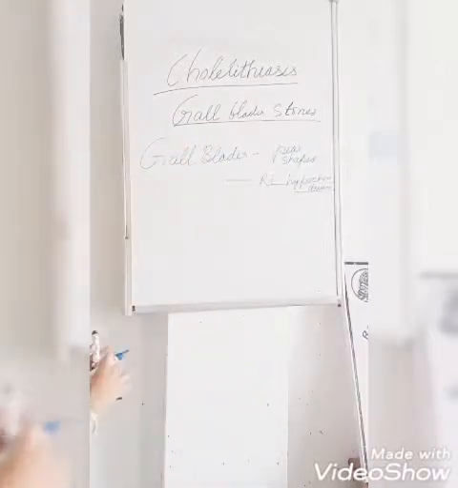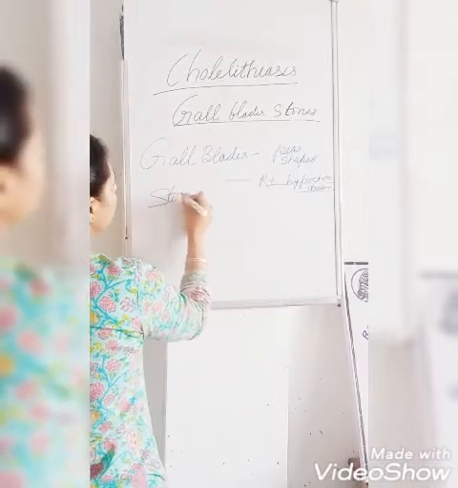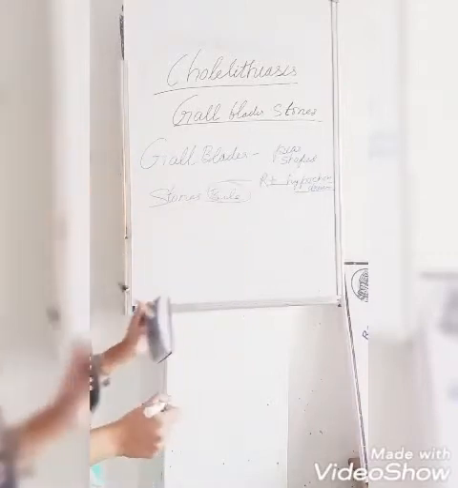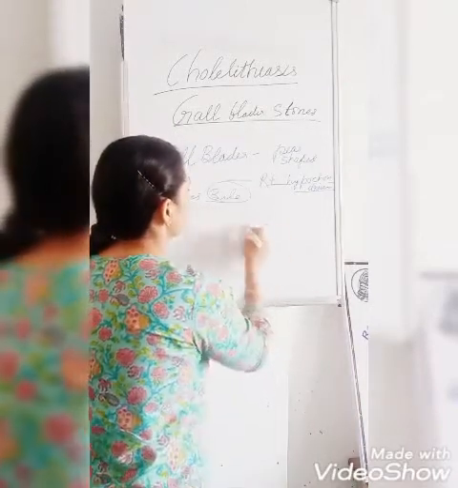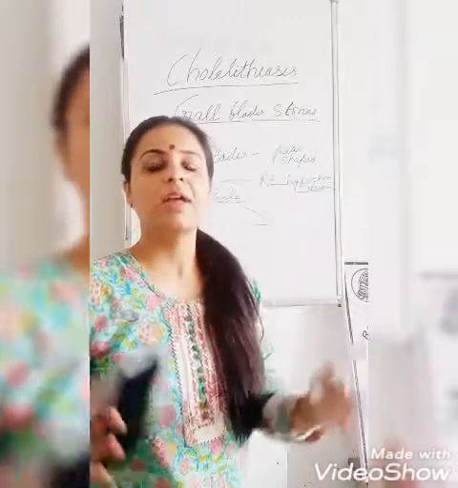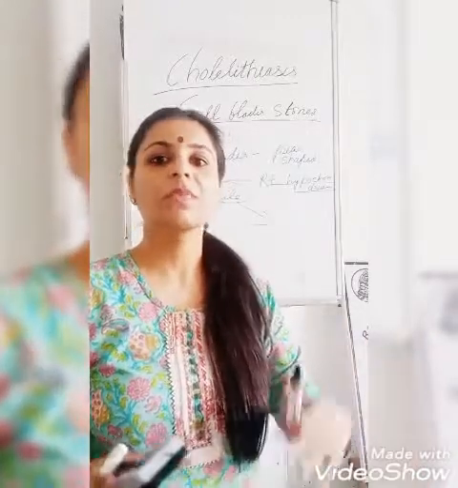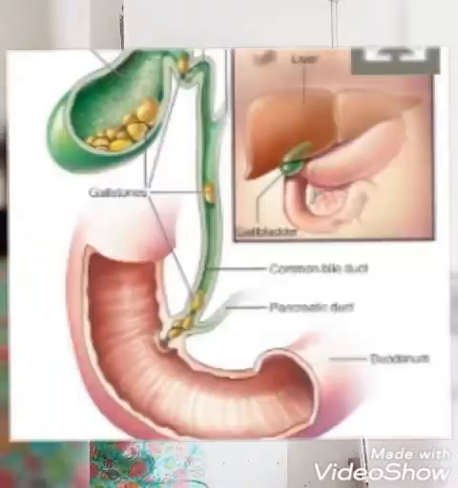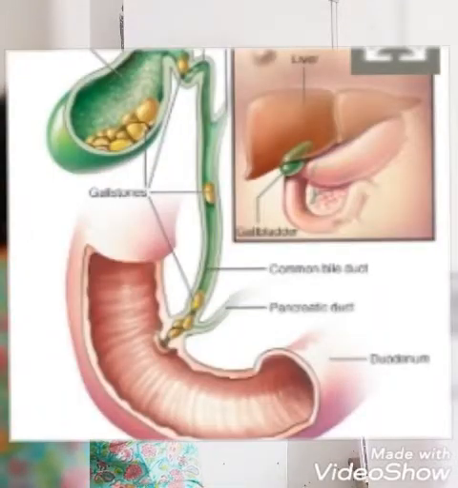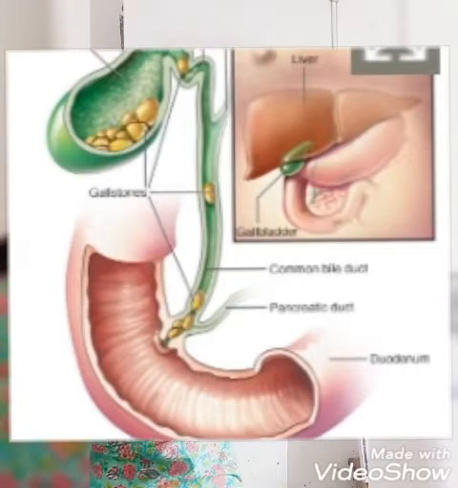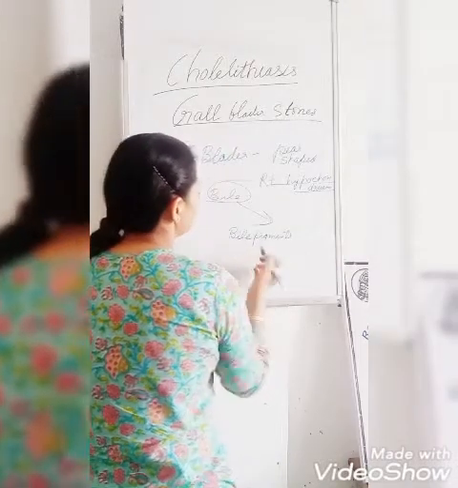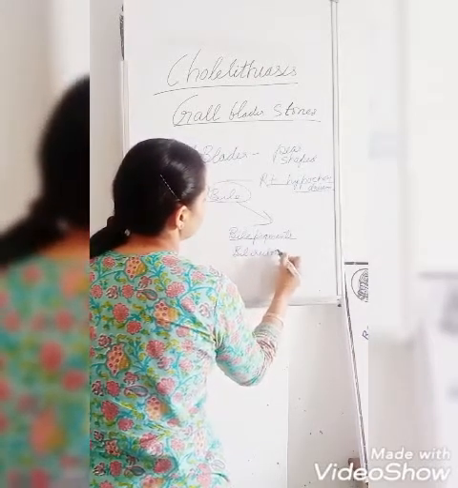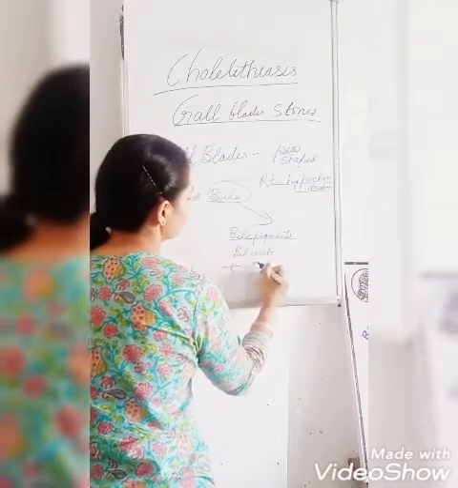And what is the function? It stores bile. What does bile do? Bile helps in digestion and in elimination of the excess or unwanted bile pigments and cholesterol. So it helps in digestion and elimination of the bile pigments, bilirubin, and cholesterol.